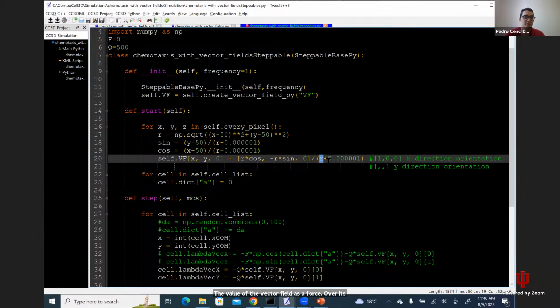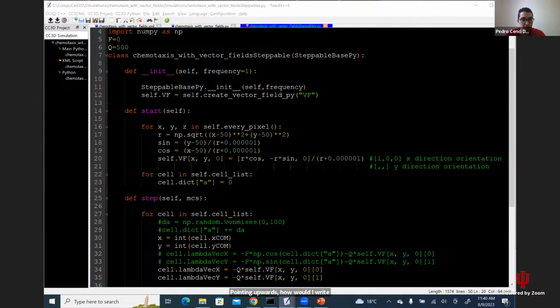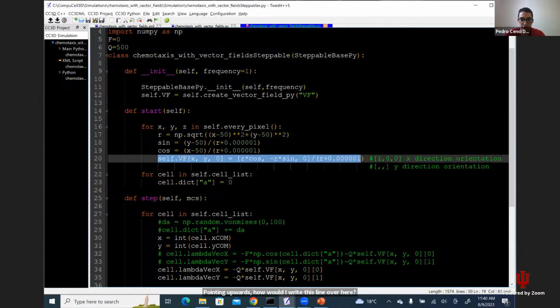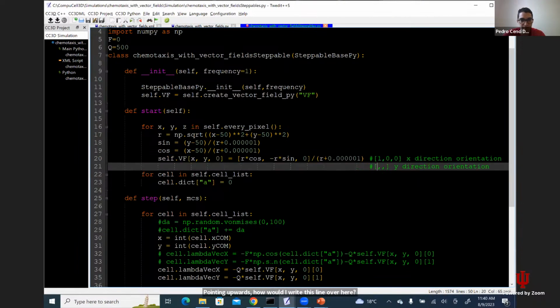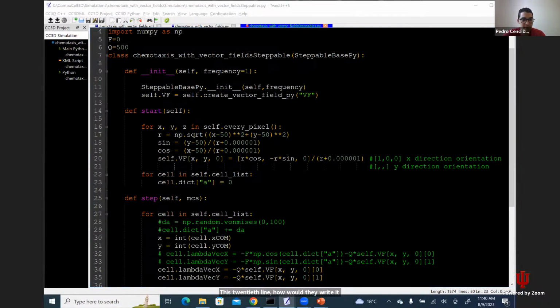Question for you, Shalai. I am building an ECM with fibers orientation in the y direction, pointing upwards. How would I write this line over here? This 20th line, how would I write it? Darshan was fast. 0, 1, 0.